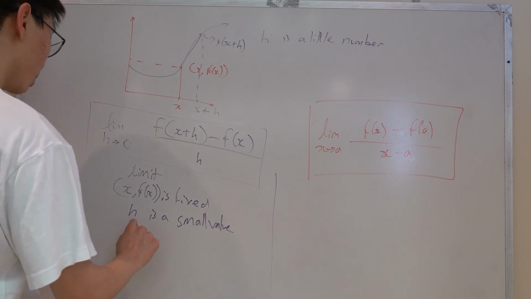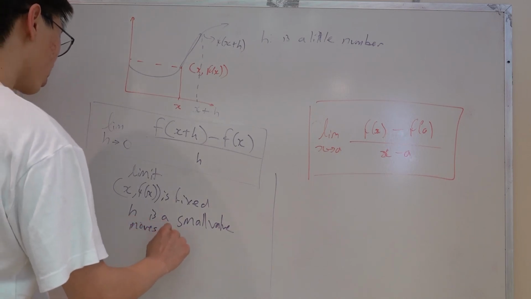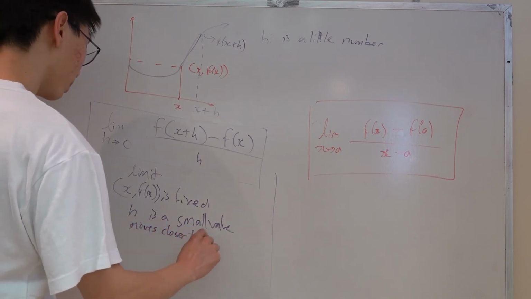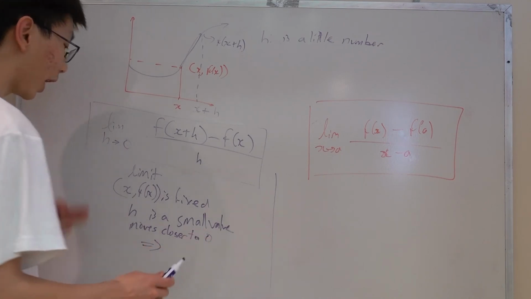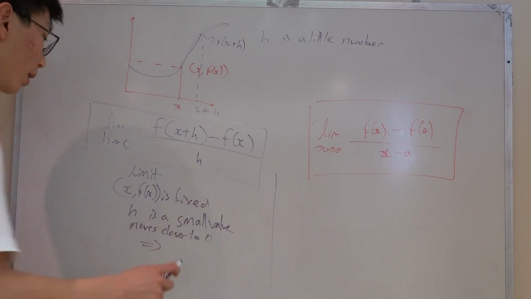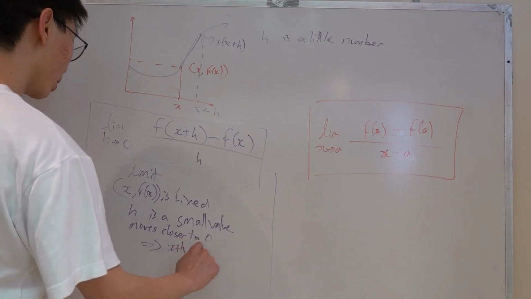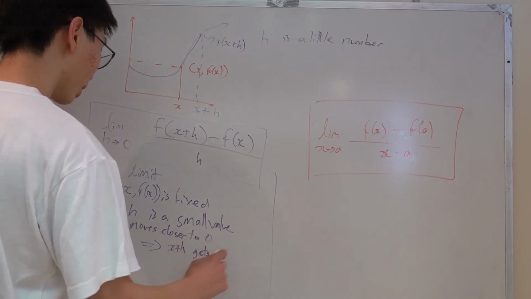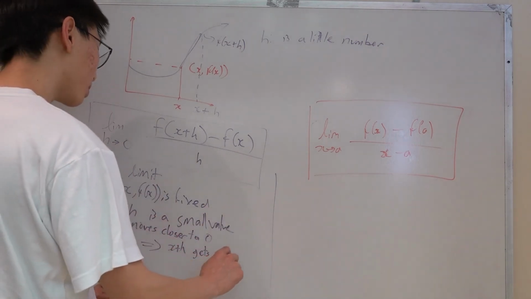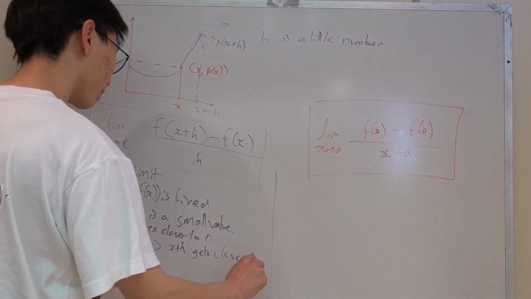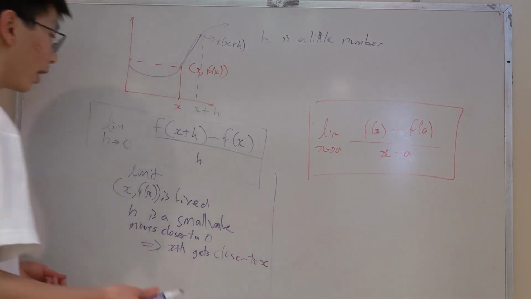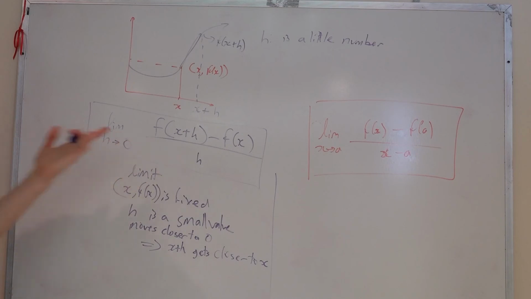And it moves closer to 0. And what moving h closer to 0 does is that it moves x plus h closer to x. And that's how we're going to evaluate the slope this way.